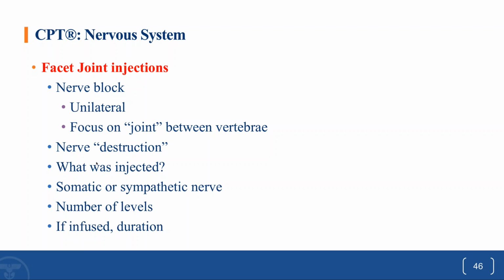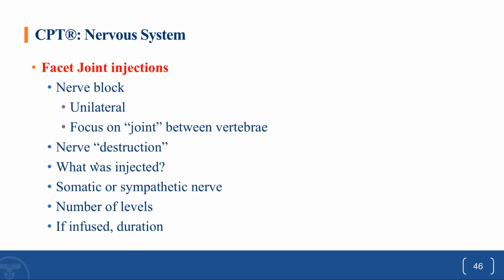Yeah, those are still going to be under your injections. I'm sorry, under the different nerves. But if you look at CPT code 64493, you can see it's an injection. It says diagnostic, for them to diagnose, or therapeutic for them to treat.